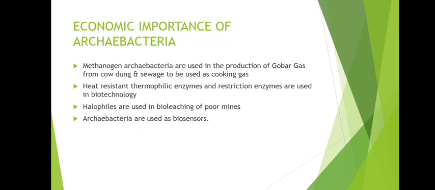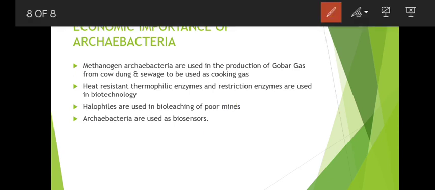Now next we come to the economic importance of archaebacteria. Methanogenic archaebacteria are used in production of gobar gas from cow dung and sewage to be used as cooking gas in rural areas, and their heat-resistant thermophilic enzymes and restriction enzymes are used in biotechnology.